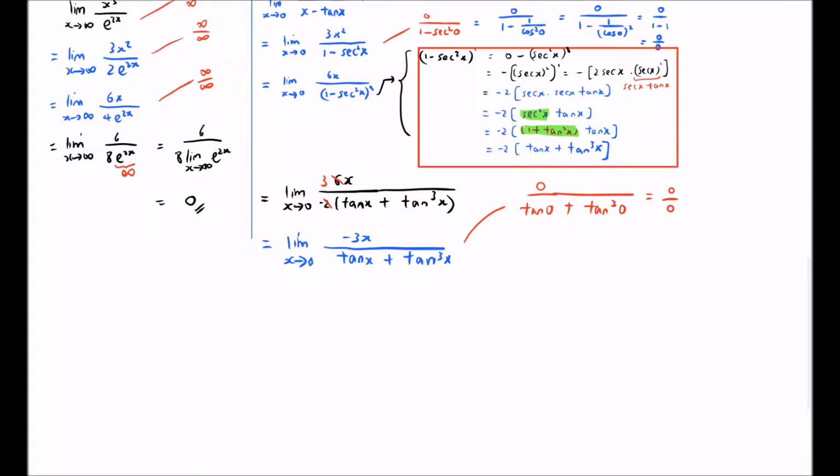So limit x approaches 0, minus 3, right? So this one tangent x plus tangent cube x. So differentiate. So again you can do a kind of differentiation and show the steps involved.